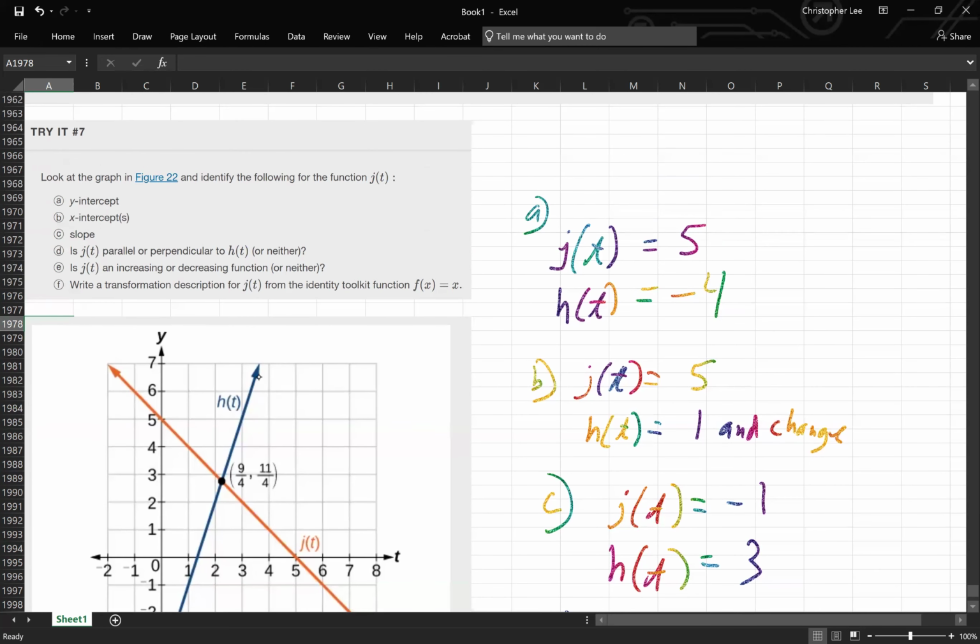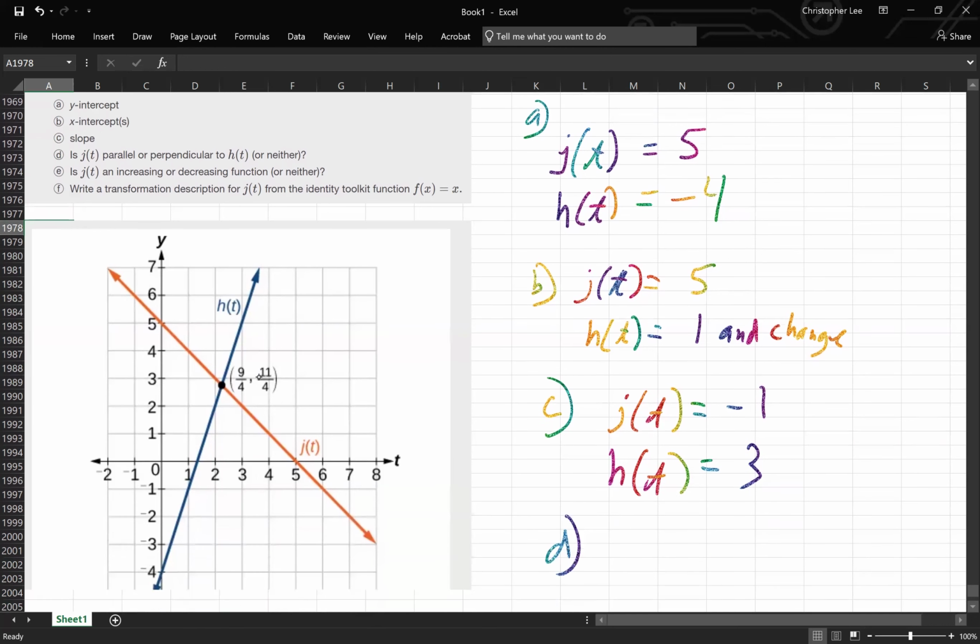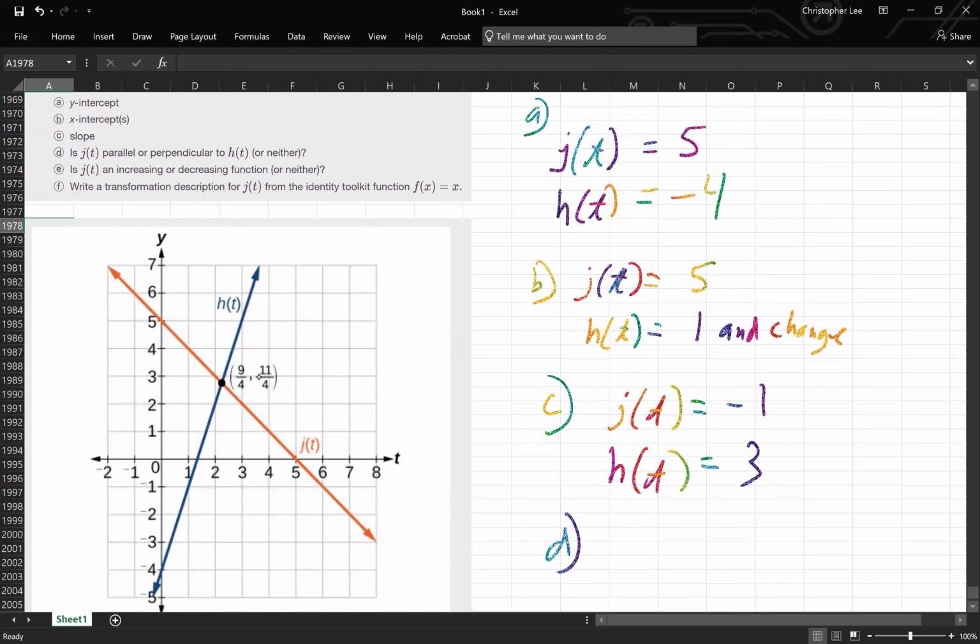So J of t, that's the orange, right? Is it parallel or perpendicular to H of t? Say it again. Perpendicular?